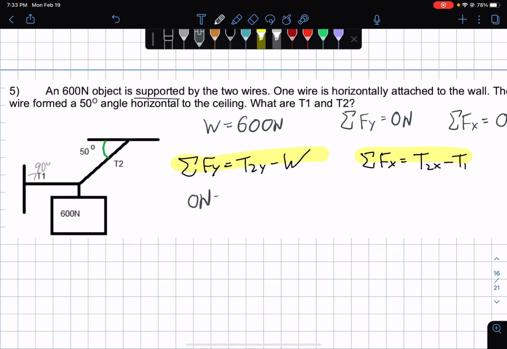So again, summation of Fy is 0 newtons as always. T2y, how do you find that? T2y is equal to T2 sine theta. So I suppose put T2 sine 50 there in place of T2y, and then we know the weight, which is 600 newtons.